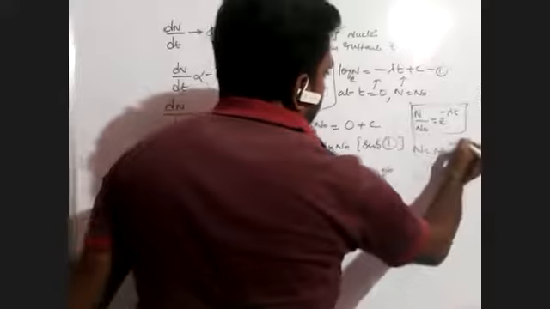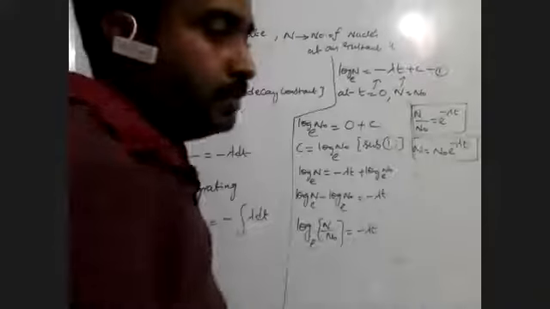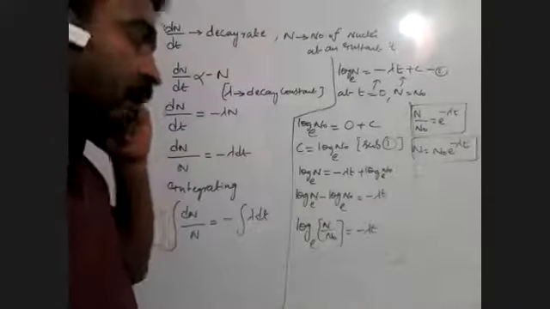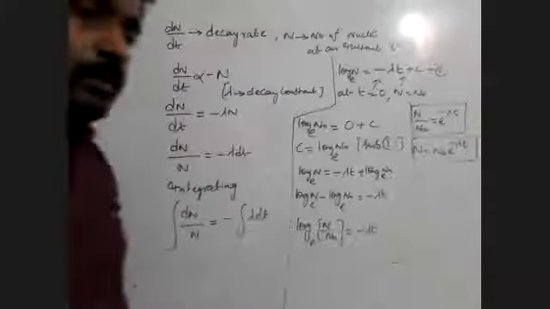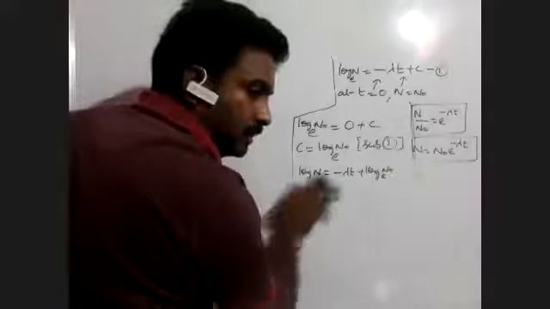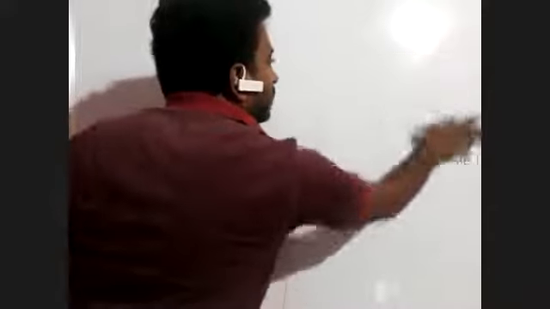Then N is equal to N naught into e power minus lambda t. So the number of nuclei at any time decays exponentially as per this equation, known as the law of radioactive decay. You can copy this. The number of nuclei decaying at any instant is directly proportional to the number of nuclei present at that time.